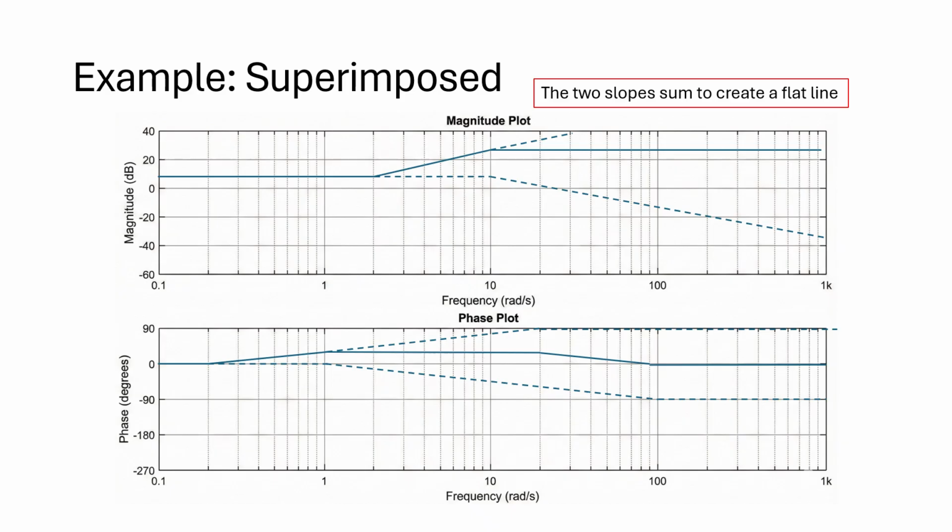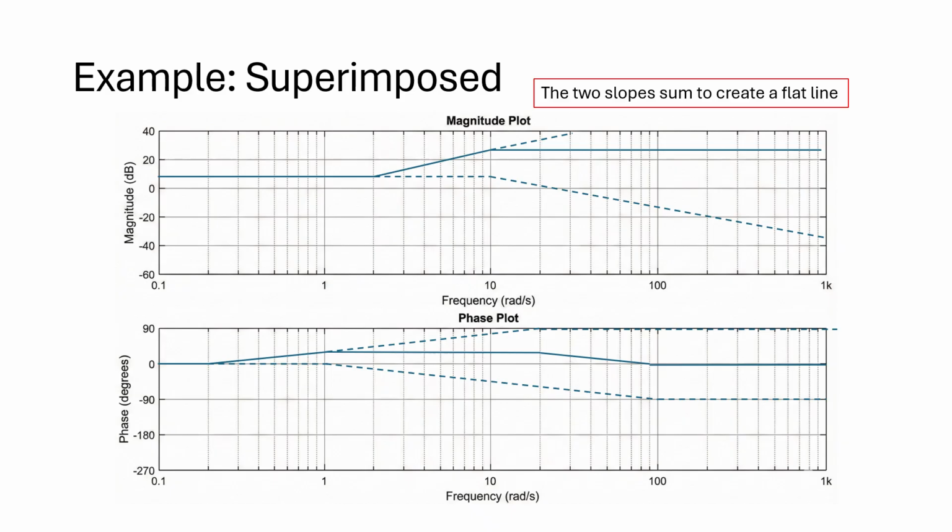And then afterwards, the slope on both of them will cancel out and create a flat line. And we'll sort of see an increased DC gain then at those frequencies greater than omega equals 10.